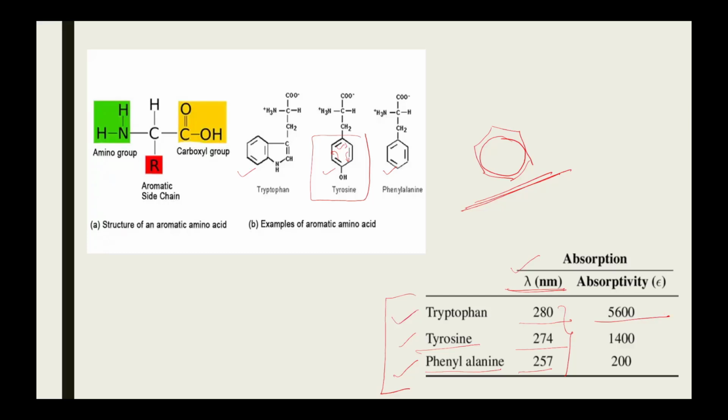The intrinsic fluorescence of any protein comes due to the presence of the tryptophan residue in the peptide chain, because tryptophan gets excited, absorbs the maximum light and gives the emission, or the fluorescence. So the majority of the intrinsic fluorescence comes due to the presence of tryptophan in the polypeptide structure.